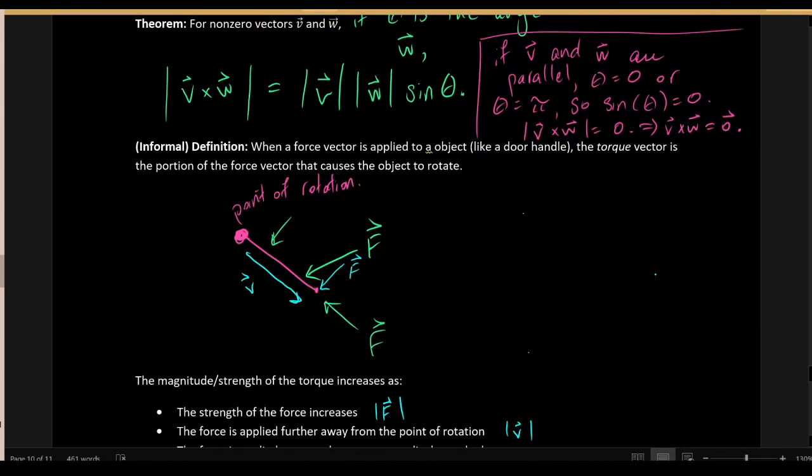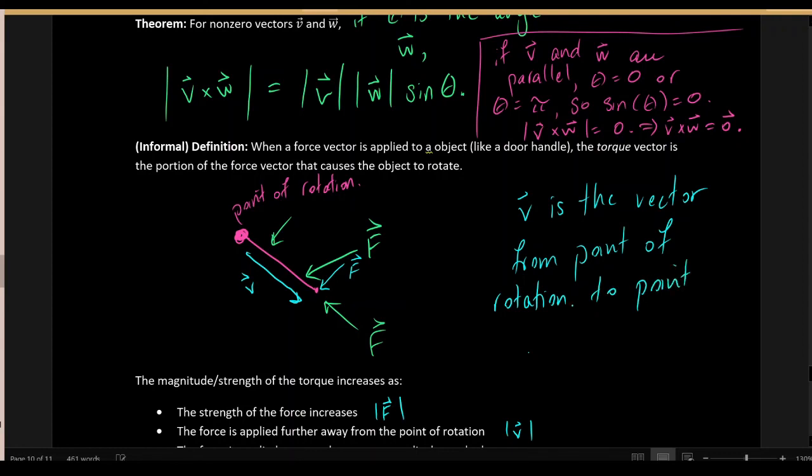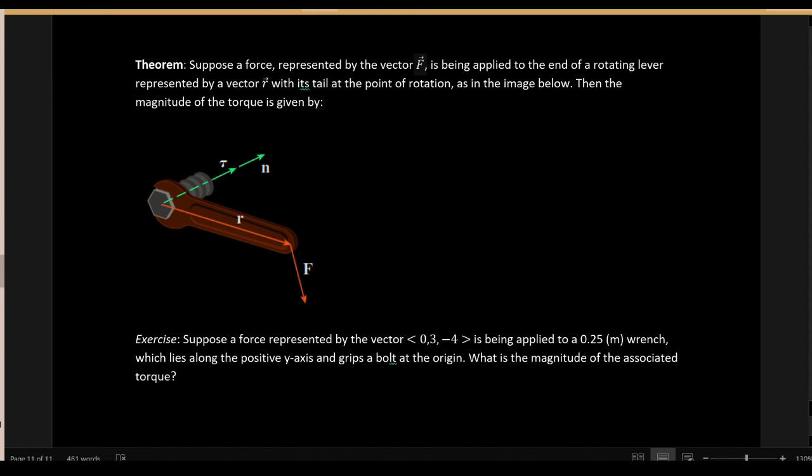As in the drawing above, the vector V stretches from the point of rotation to the point where the force is being applied. We can also see it in the following theorem, which has everything typed up neat and official, taken from a calculus textbook.